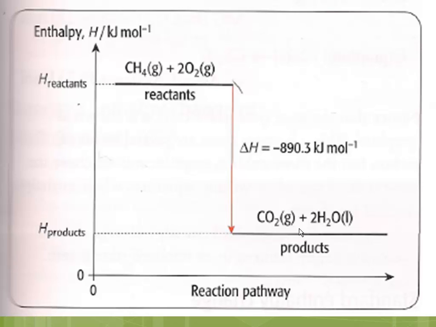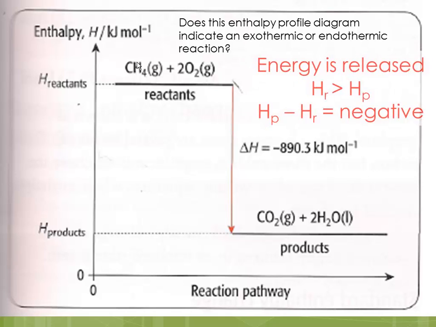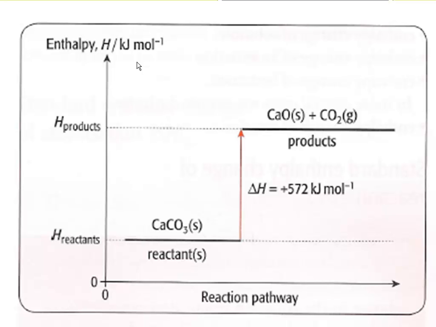So if you do products minus reactants, you get a negative number, hence exothermic reaction. Also a clue is it's a combustion reaction, which is always exothermic. So this profile diagram is exothermic because the reactants are larger than the products, so you get a negative number.